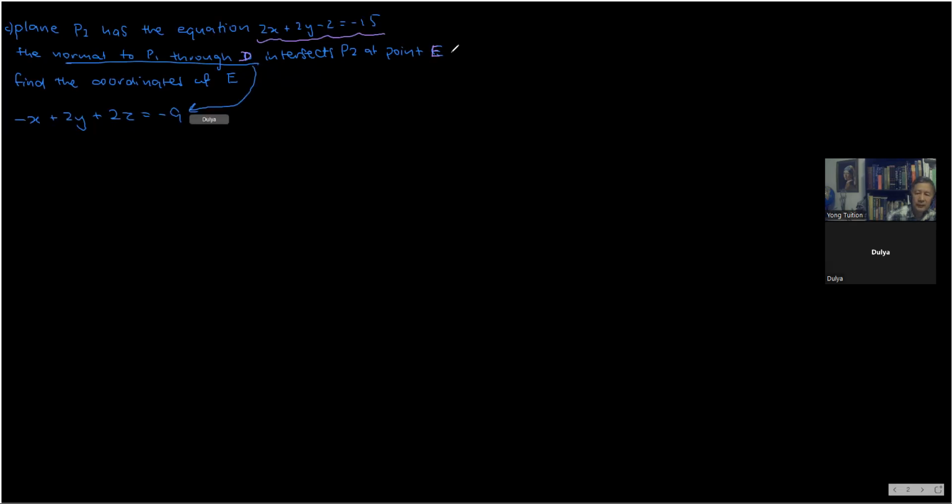Can you draw the graph? Find the coordinates of E. That is X, Y, Z. You put Z upward.